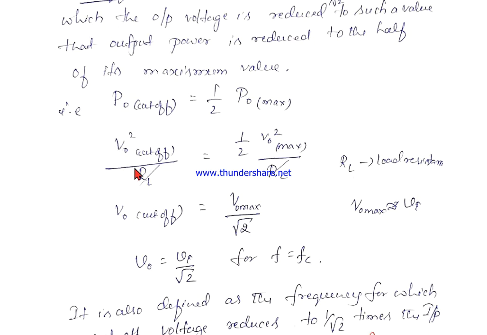So P0 cutoff is V0 cutoff squared divided by RL, and P0 maximum is V0 maximum squared divided by RL. Here RL is the load resistance connected across the filter circuit, where the output is measured.